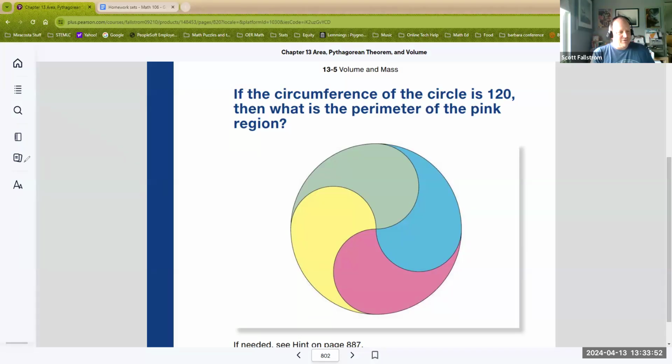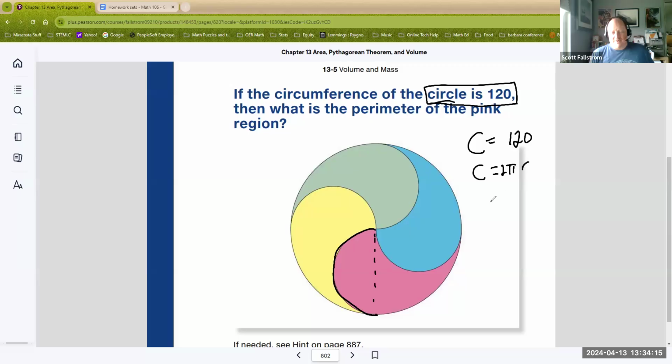Let me get a thicker pen here. There we go. So the pink region has a chunk right here, and that is just a half circle. Now the circumference of the big circle is 120, so that's helpful. So C equals 120, and remember circumference is 2 pi times the radius, or you could say the circumference is just pi times the diameter.